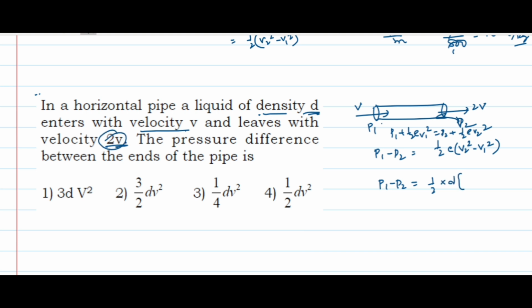It leaves with velocity 2V, and 2V whole square is 4V square, minus V square, since it enters with velocity V. So the pressure difference P1 minus P2 is 4 minus 1, 3 by 2 into D into V square. This will be the correct answer.